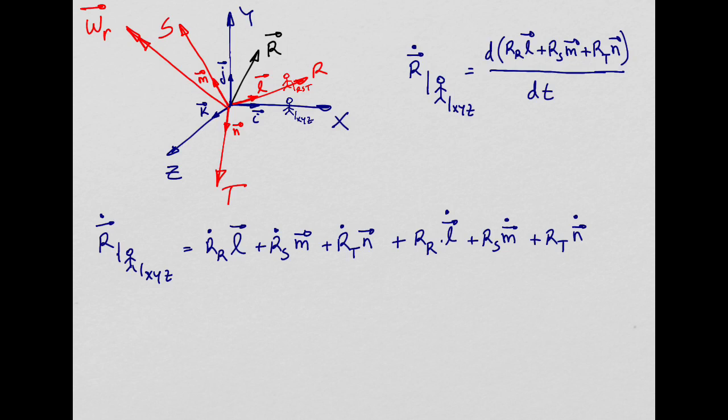Okay? So this L dot, M dot, N dot is not 0 now, exactly for the reason I just showed you.